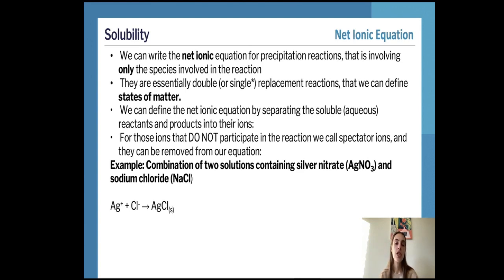However, we know the silver ions, Ag+, and the chloride ions, Cl-, combine to form silver chloride. The silver chloride forms a solid precipitate, and because it forms a solid precipitate, that is what's going to be included in the net ionic equation. So our net ionic equation will be Ag+ plus Cl- makes AgCl solid.